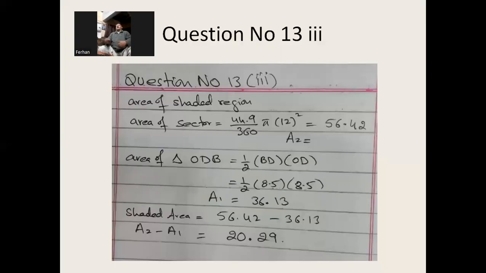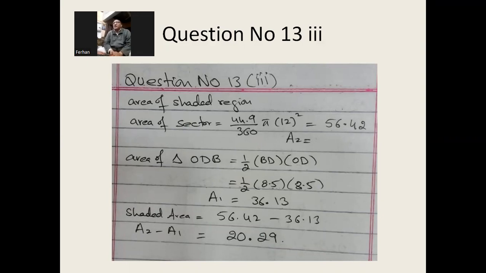Question number 13, third part. Area of the shaded region will be the area of the sector. The formula for the angle subtended by the sector at the center is 44.9 divided by 360 times pi times 12 squared, which equals 56.42. Let me call it A2. Area of the triangle ODB will be 1/2 into base into height, where the height is BD and the base is OD.